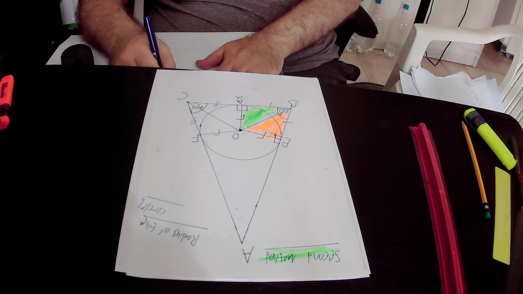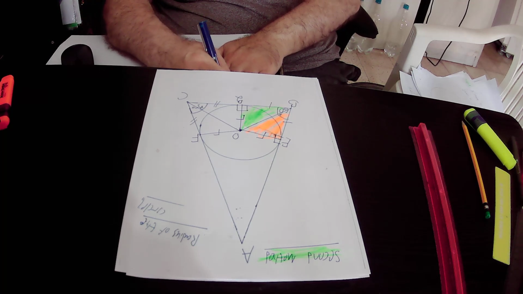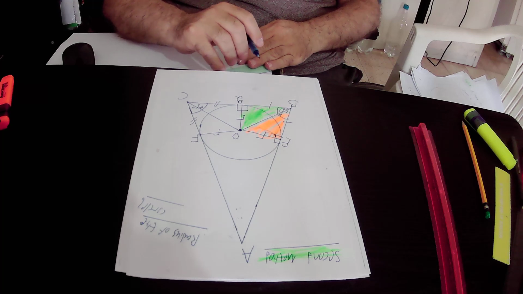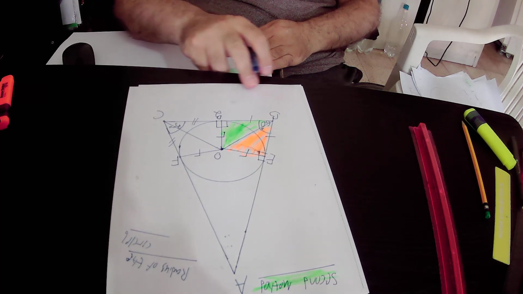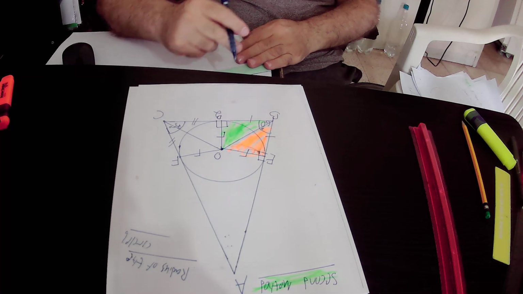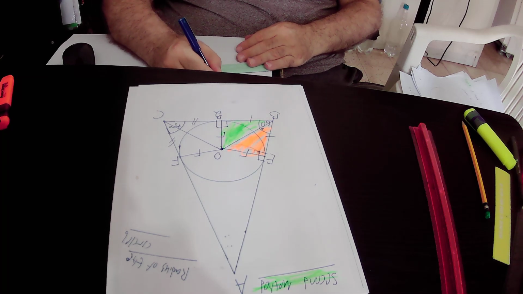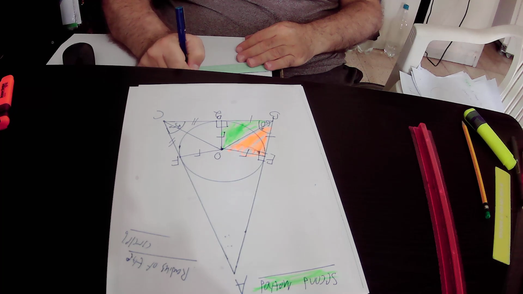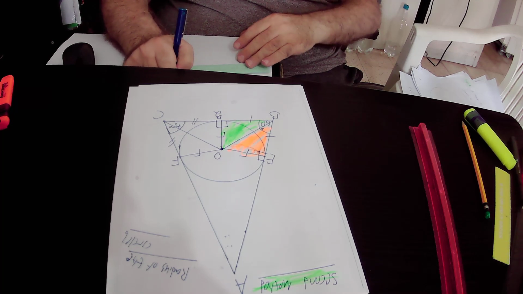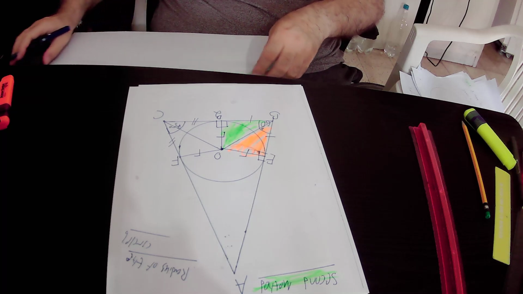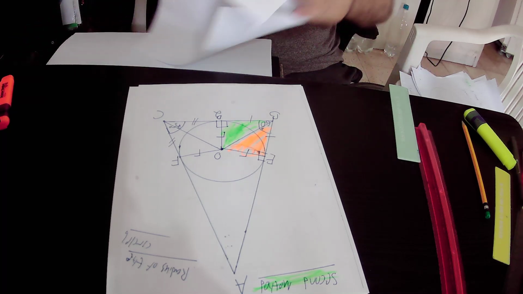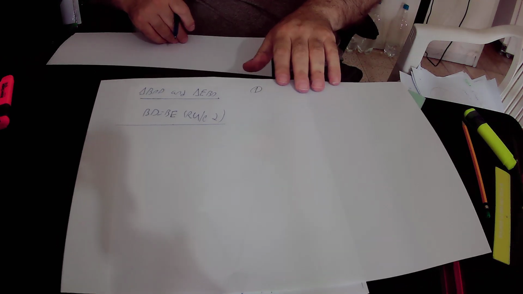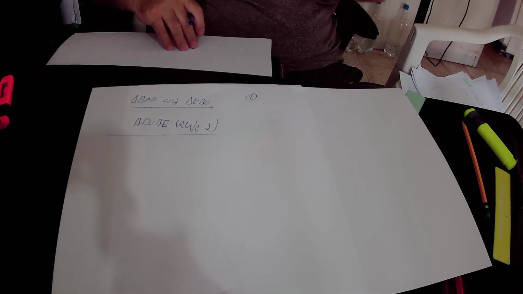Why is the green triangle congruent to the orange triangle? First of all, we just proved that side BD equals side BE according to rule number 2. Again, side BD in the green triangle is equal to side BE in the orange triangle according to rule number 2.